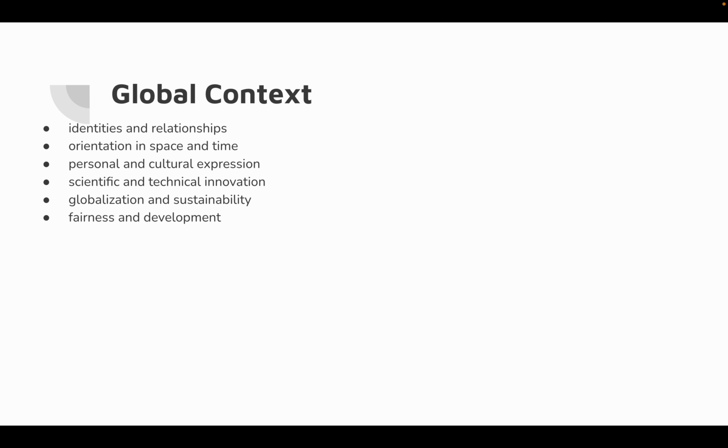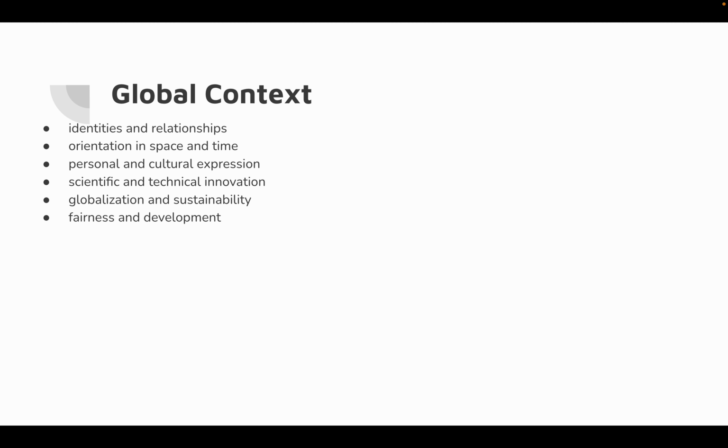And also there is something called global context. These 6 global contexts are the same for all of the MYP courses, the same for math, science, arts, INS, language and literature, and so on.